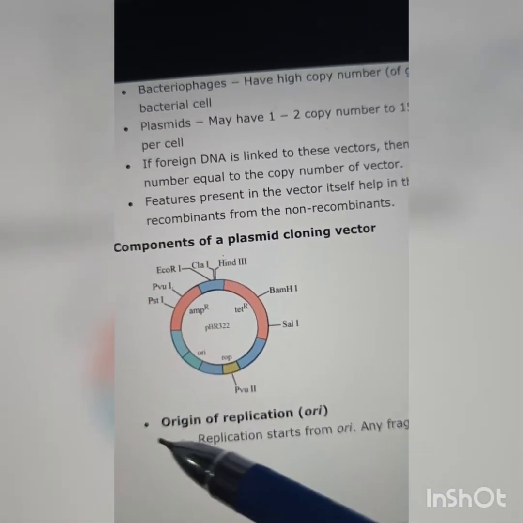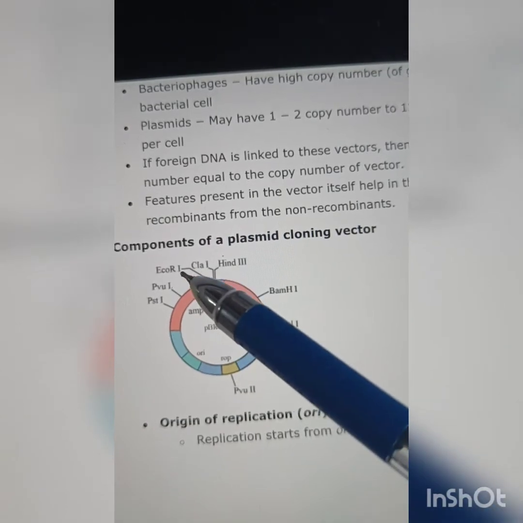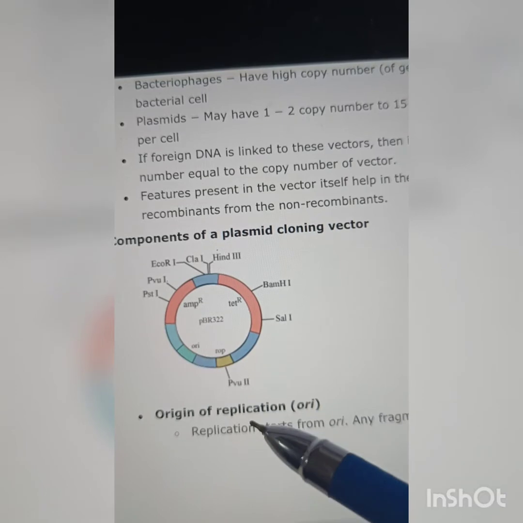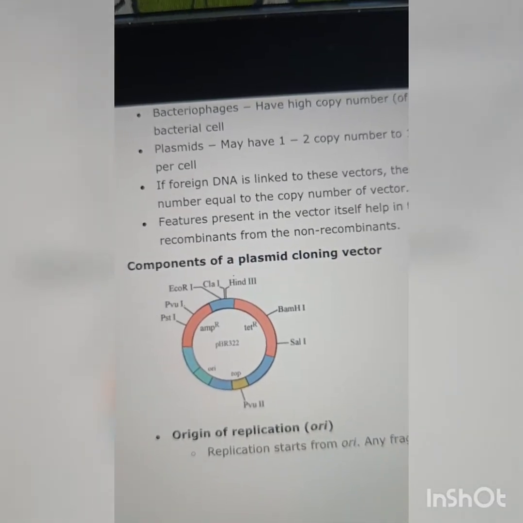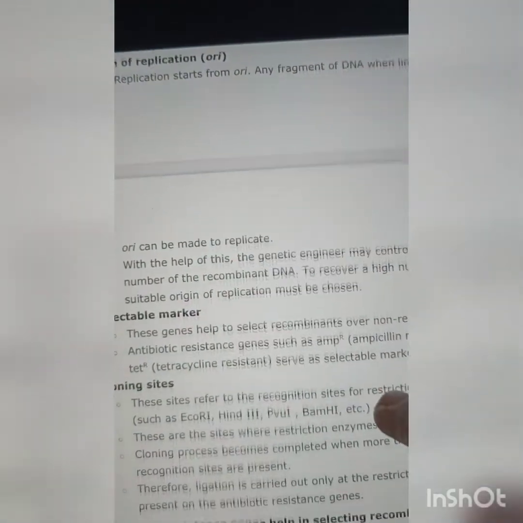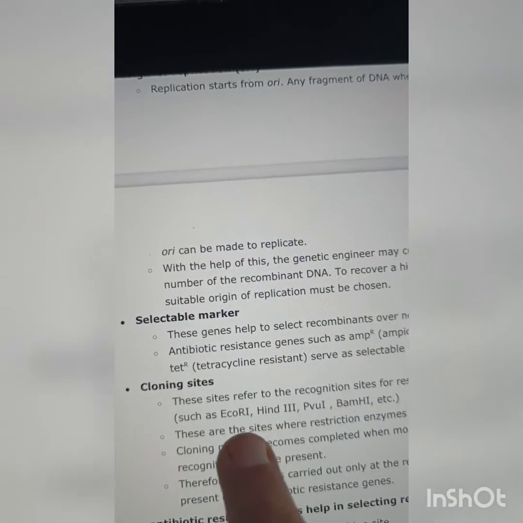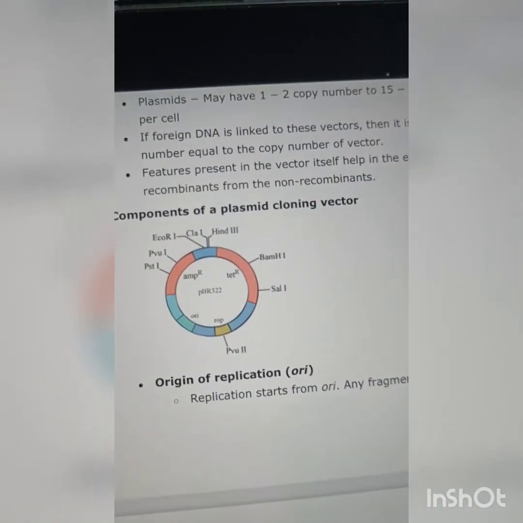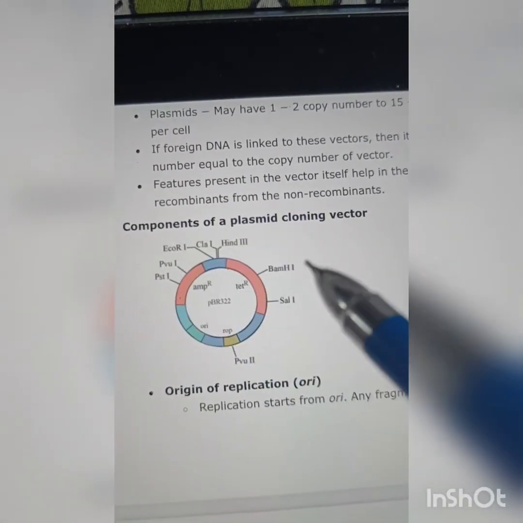Now, you can see PST1, PVU1, EcoR1, CLA1, HIND3, BAMH1, SAL1, PVU2. What are these? These are the recognition sites, or the palindromic sites, for the restriction enzymes. These are the names of the enzymes: EcoR1, HIND3, PVU1, BAMH1. They all are, students, restriction enzymes.